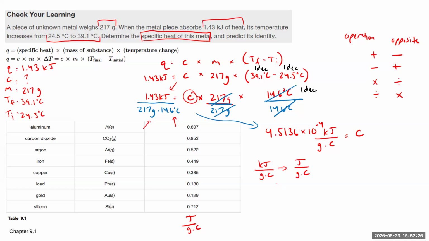We know how to do that. We know there are 1,000 joules over 1 kilojoule, because kilo means 1,000. These cancel out.